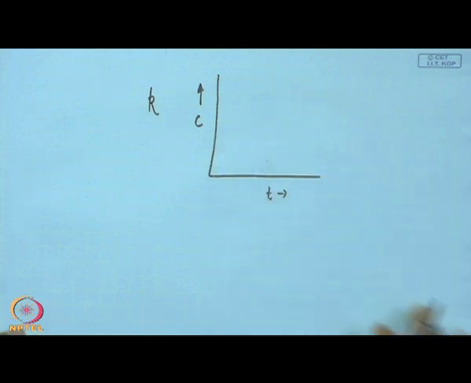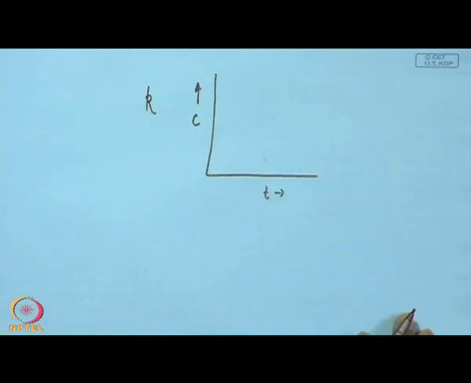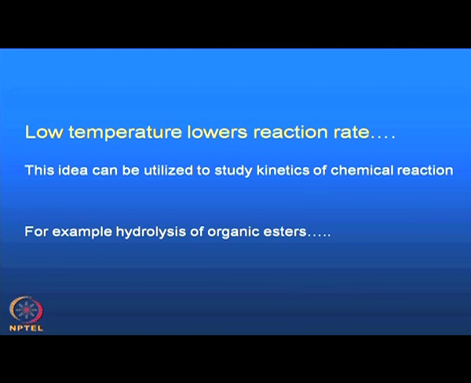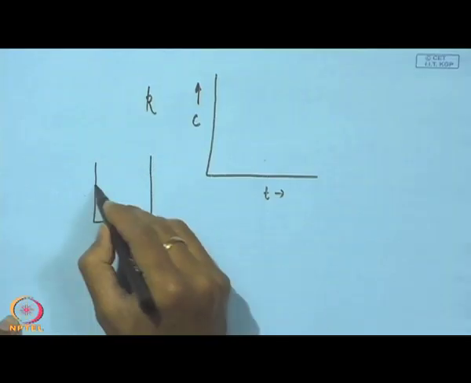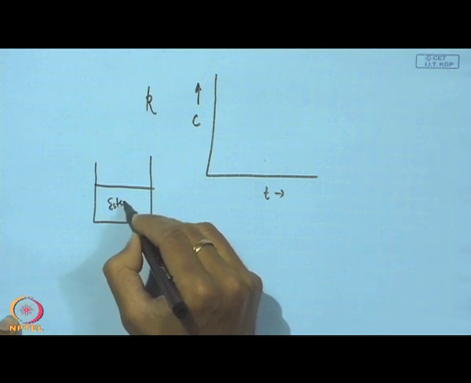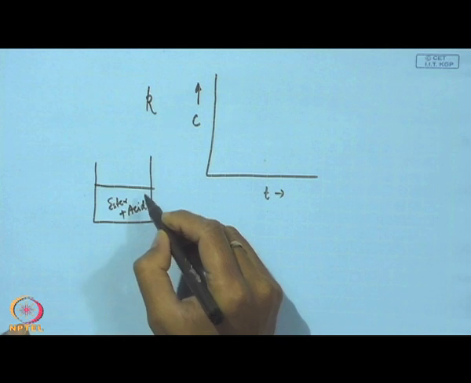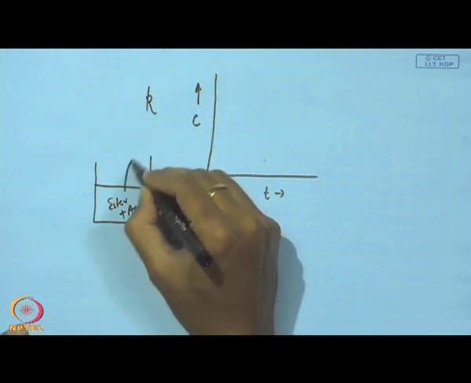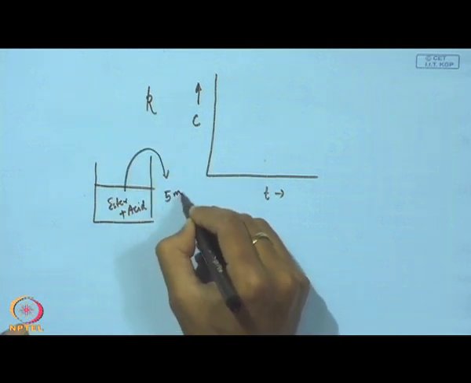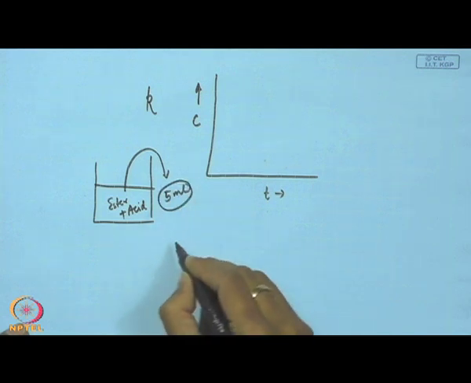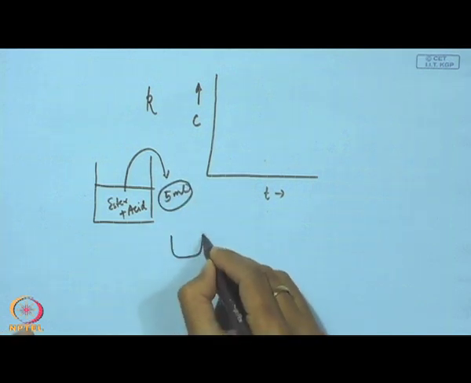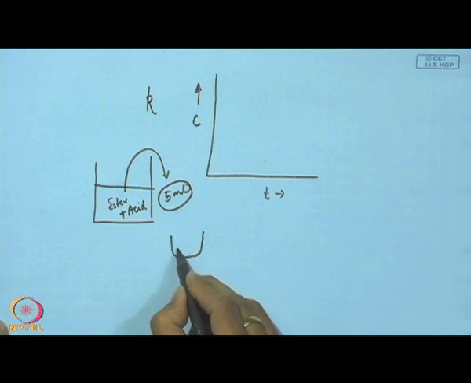Okay. But the thing is that once you have started the reaction, there is no way to stop the reaction. So, you have got your reaction mixture where you have ester plus acid and the reaction continues. What you have to do? You take out some aliquot from here, say 5 ml aliquot, and then pour this 5 ml aliquot into a conical flask containing ice cold water.